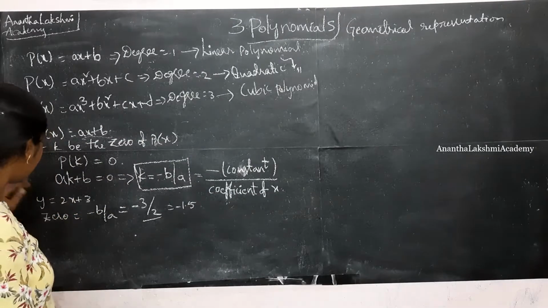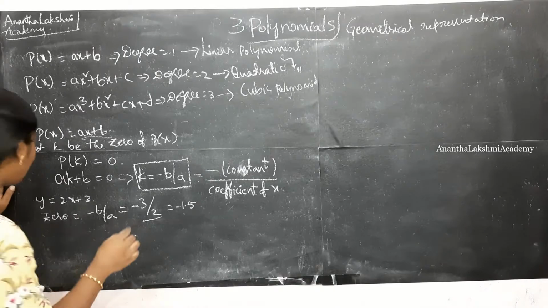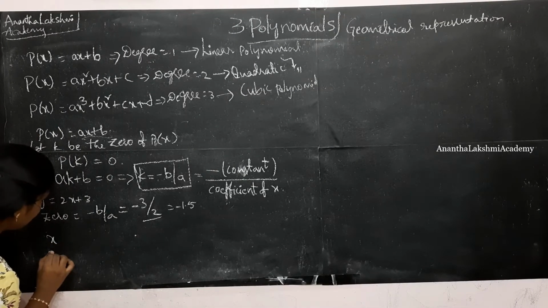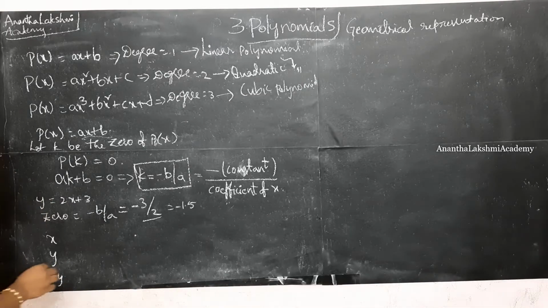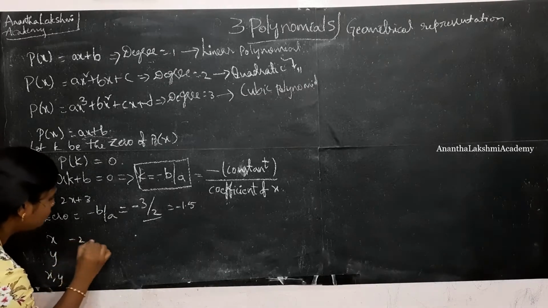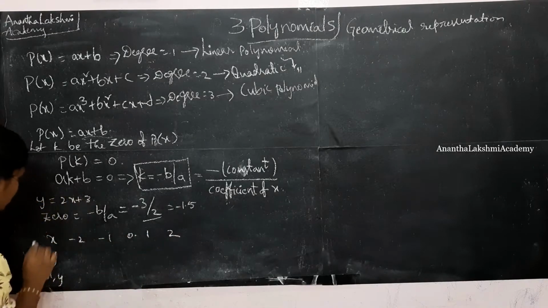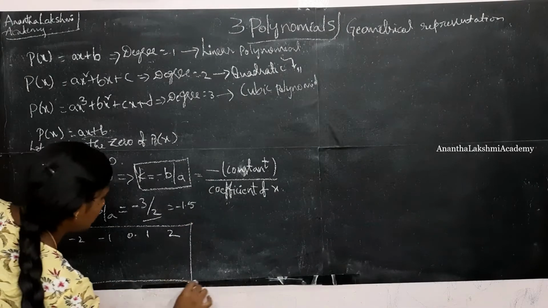So let me consider a value from minus 2. X is minus 2, minus 1, 0, 1 and 2. For these values, I am trying to draw the graph. All right.